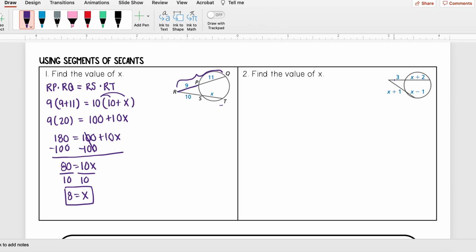Looking at my top segment here, my external segment is 3, so I'm going to have 3 times the whole segment, so I'm going to need to add these together, so 3 plus x plus 2, and that's going to equal my external segment, which is x plus 1, times the whole segment, which is x plus 1 plus x minus 1.